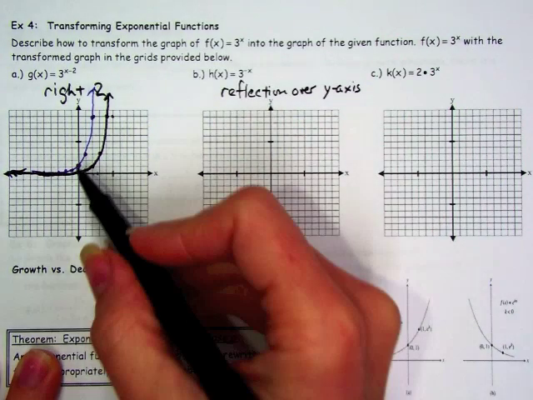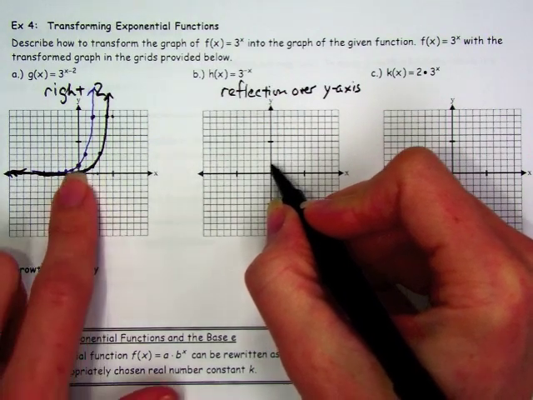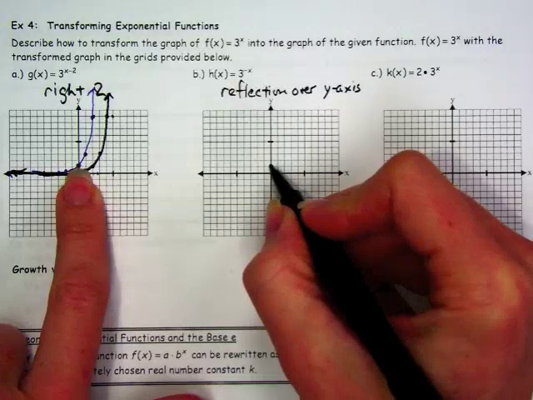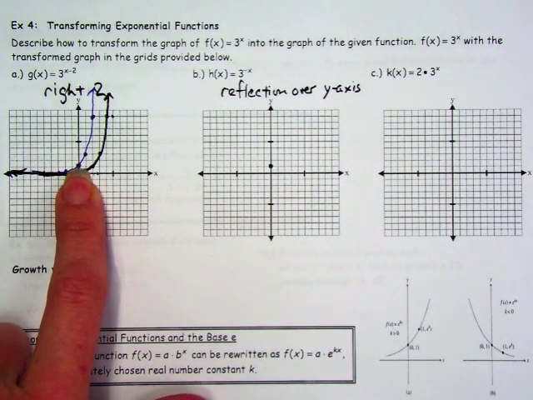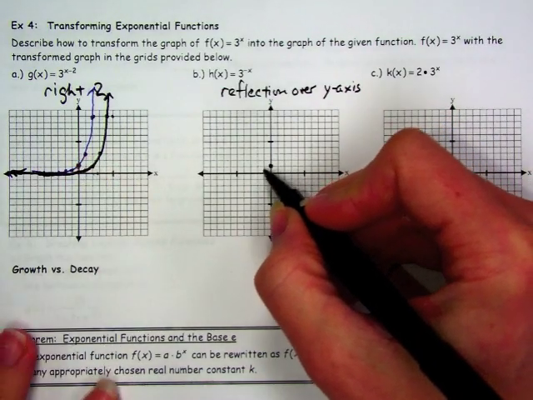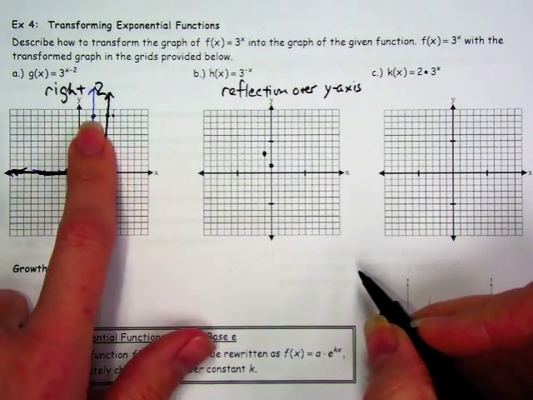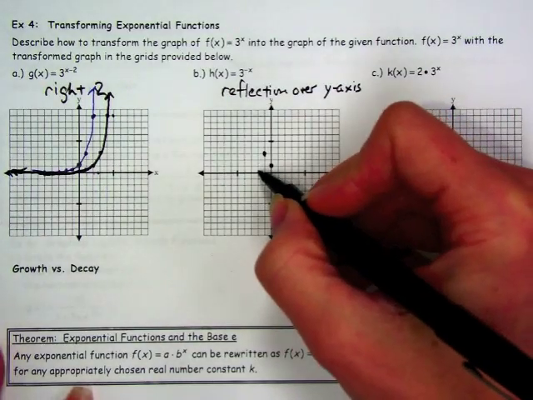And looking back again at this blue graph, a reflection over the y-axis is not going to change anything that's on the y, so that point at 0 is still up at 1. This point that's over 1 up 3 is going to reflect over, so it's going to be back 1 and up 3. This point that's over 2 and up 9 is going to be back 2 and up 9.